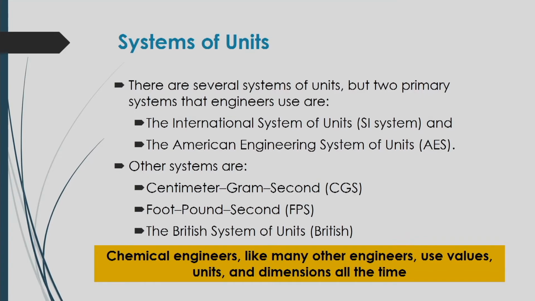Other systems are also available, like centimeter gram second, that is the CGS system, the foot pound second system, that is the FPS system, and the British system of units. Of course, all those systems are conventionally used by engineers for analysis of processes.